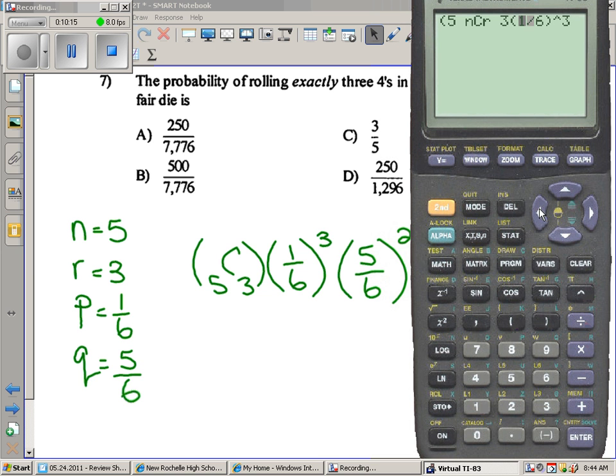Whoops, sorry about that. 1/6 to the third, 5/6 squared. We get a random number like that. Just convert it to a fraction. Math. 125 over 388. We also don't see that, right?